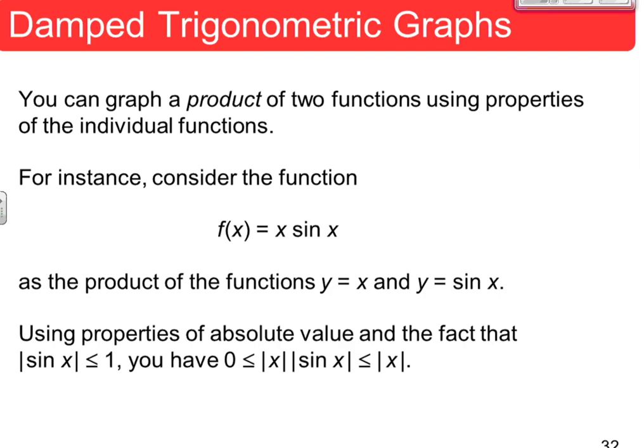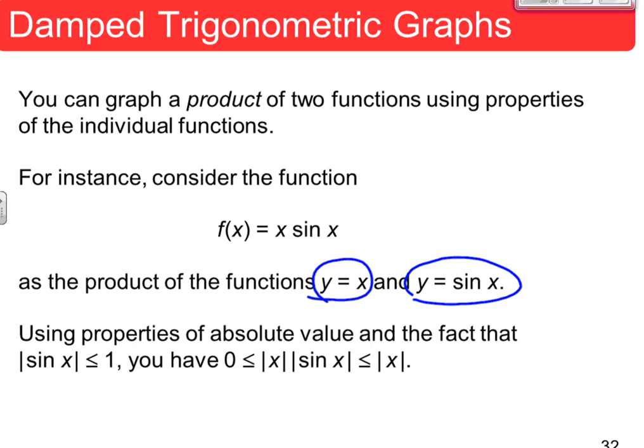And so that's what this is talking about. You can graph a product of two functions using properties of the individual functions. For instance, consider the function f of x equals x sine x. So we have two functions, y equals x and y equals the sine of x.